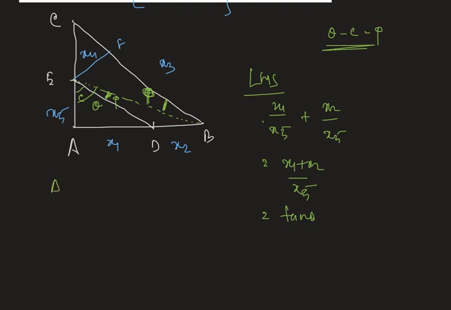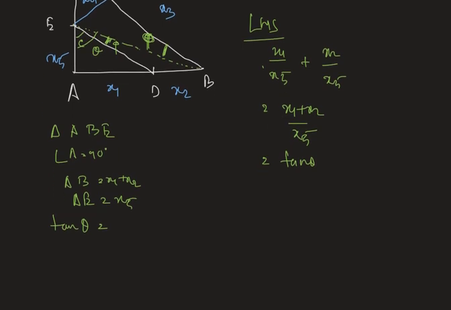If we see the triangle ABE, here angle A is equal to 90 degrees, side AB is equal to x1 plus x2 and side AE is equal to x5. Therefore the tan of theta is nothing but perpendicular divided by base. Here the perpendicular is x1 plus x2 and the base is x5.